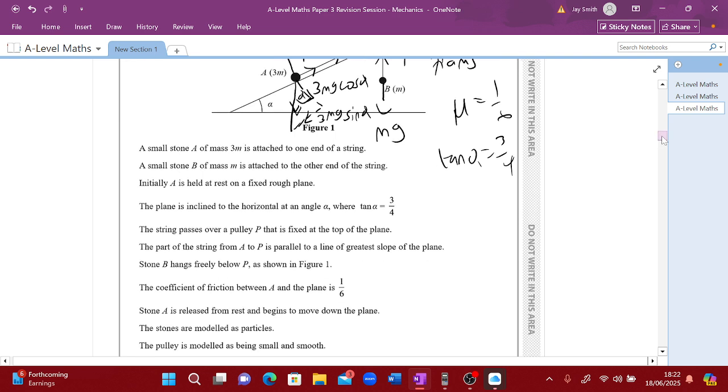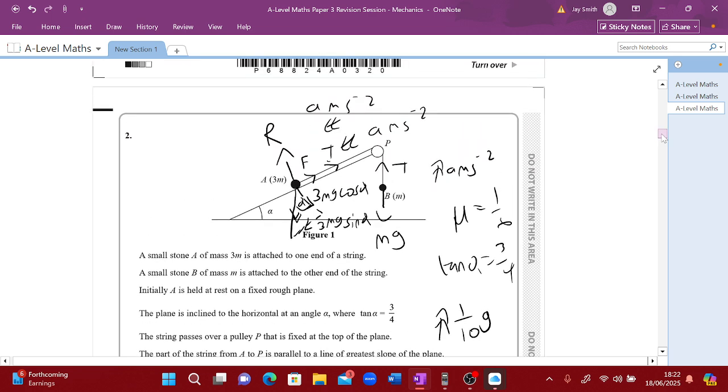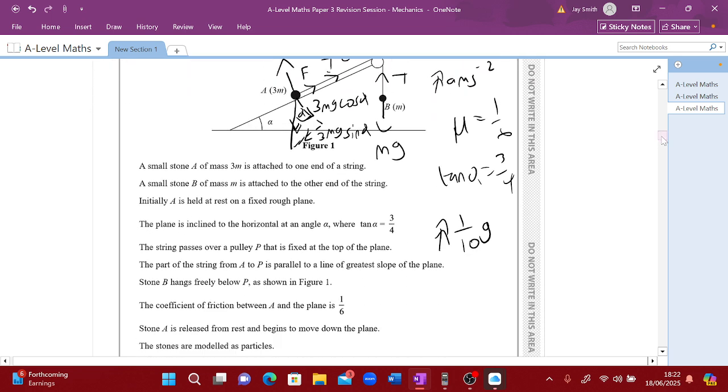So what happens then? We know the acceleration is a tenth g for B, because it'd be the same for B as well. So it's a constant, isn't it?